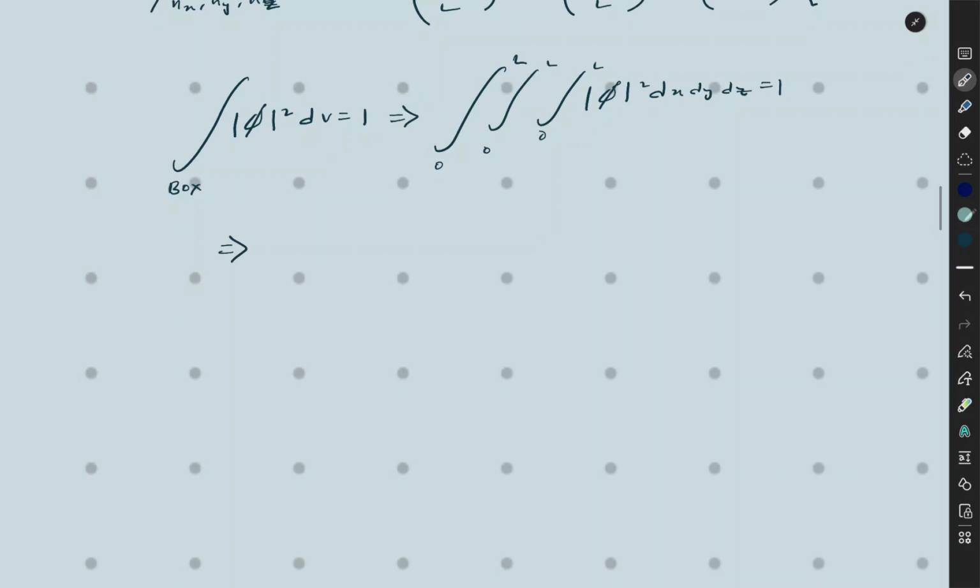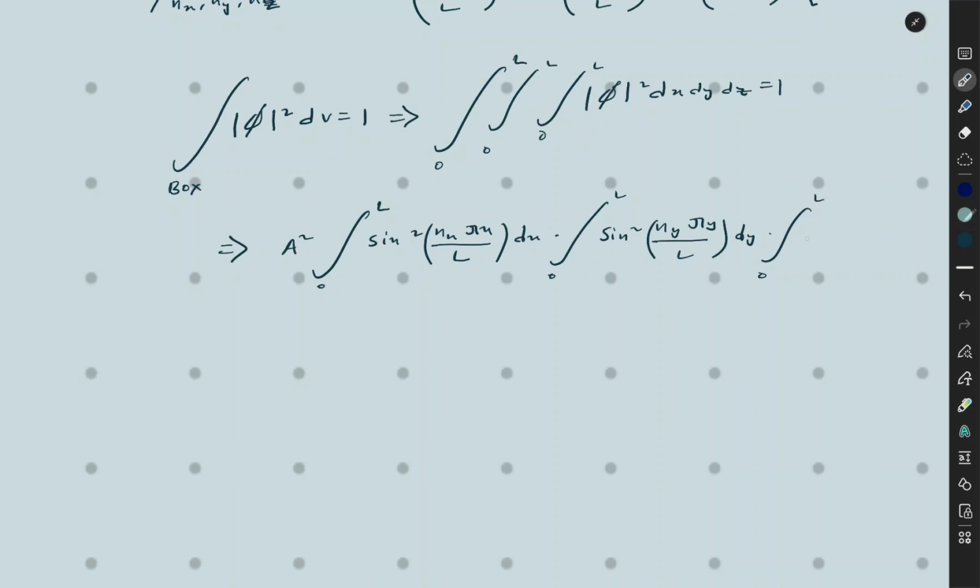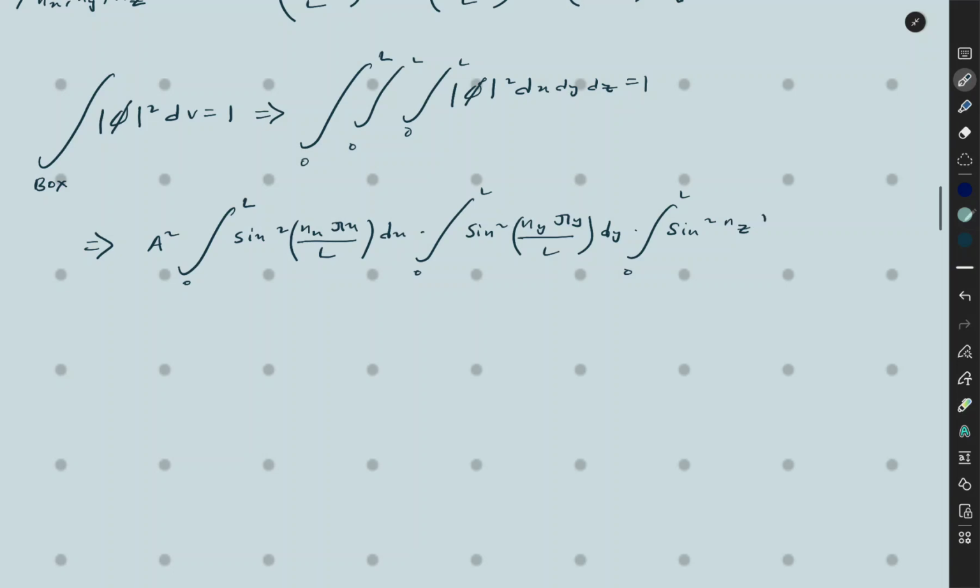Therefore, we write it as A square into integral 0 to L sine square nx pi x by L dx into integral 0 to L sine square ny pi y by L dy and integral 0 to L sine square nz pi z by L dz equal to 1.